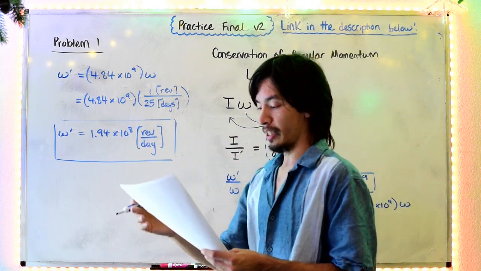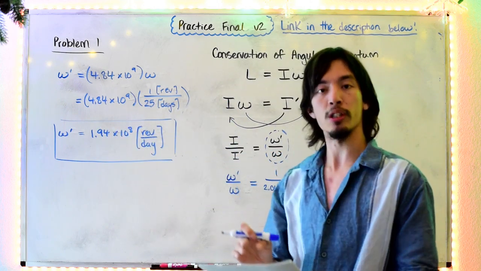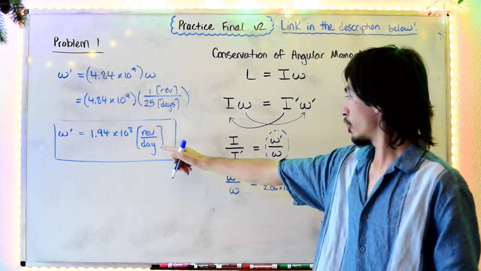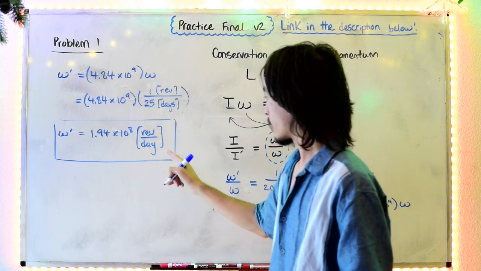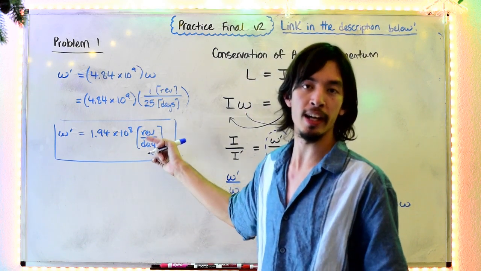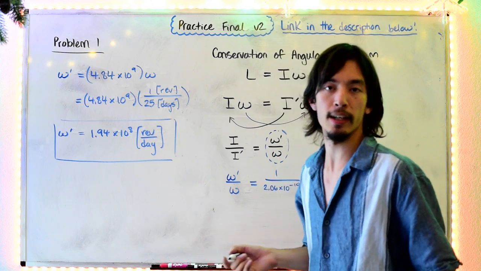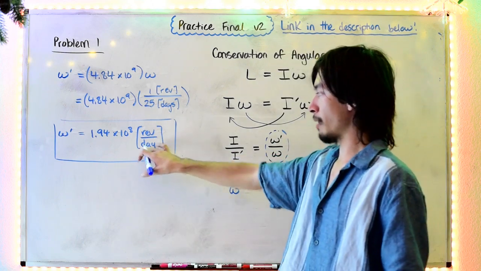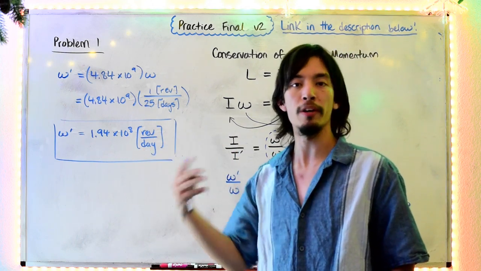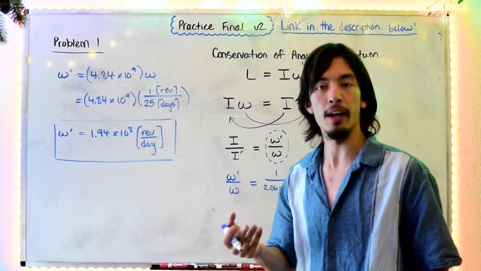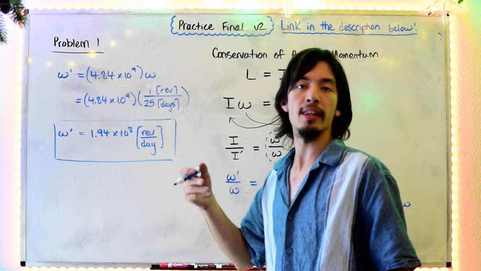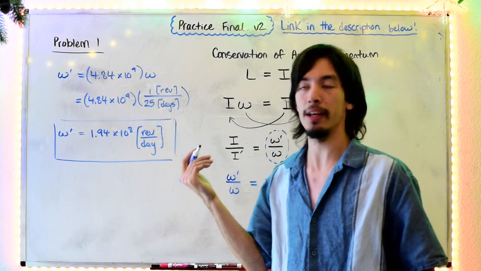I also want it in revolutions per second. So all we do is convert the days into seconds. You could do that if you know there are 86,400 seconds in a day. Otherwise, you can do the step-by-step conversion: there are 24 hours in a day, 60 minutes per hour, and 60 seconds per minute.